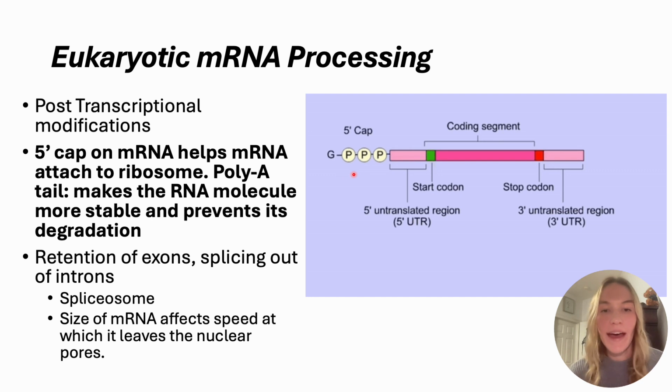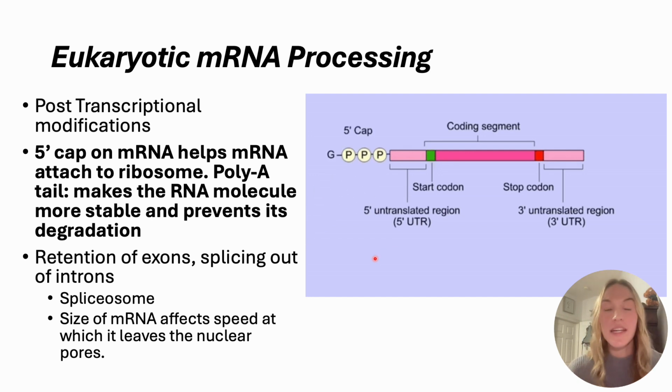And that is just going to help the mRNA molecule attach to the ribosome. On the other end, the 3' end, we add a poly A tail. Poly meaning multiple, A for adenine, so just a bunch of adenine bases here that are going to help the RNA be more stable and ensure it doesn't get degraded.